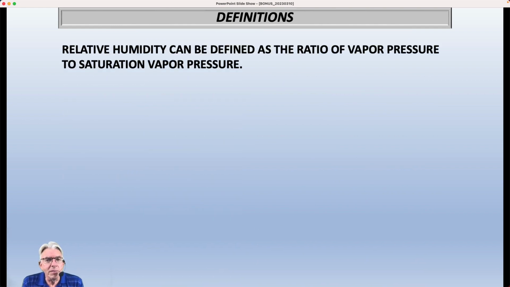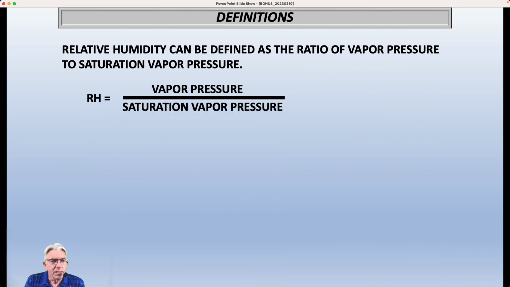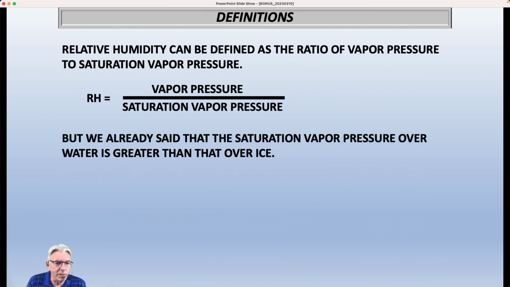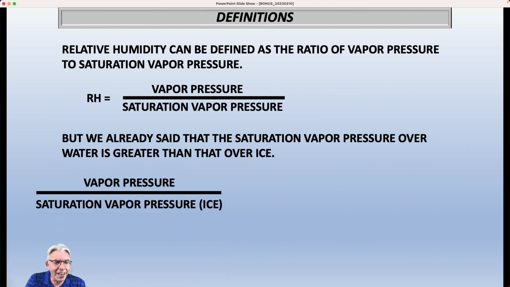Relative humidity can be defined as the ratio of vapor pressure to saturation vapor pressure. Okay? So there's the equation. Relative humidity, vapor pressure in the numerator, saturation vapor pressure in the denominator. But we already said that the saturation vapor pressure over water is greater than the saturation vapor pressure over ice.